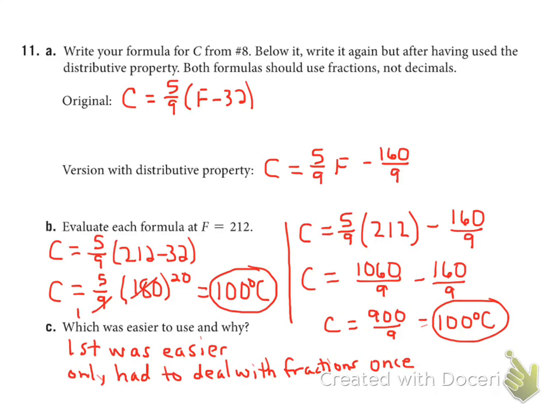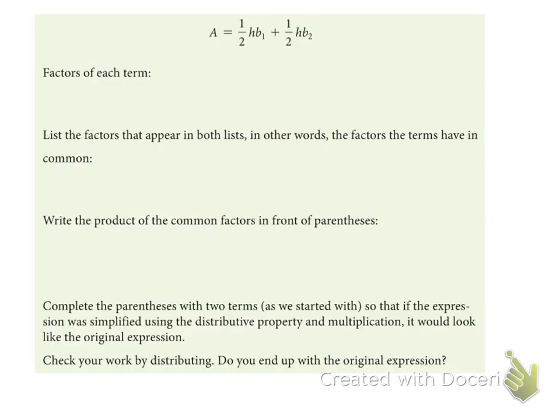Under each term on the right side of this formula, list the factors. So looking at the first term, what are the factors? 1/2 would be one of them.